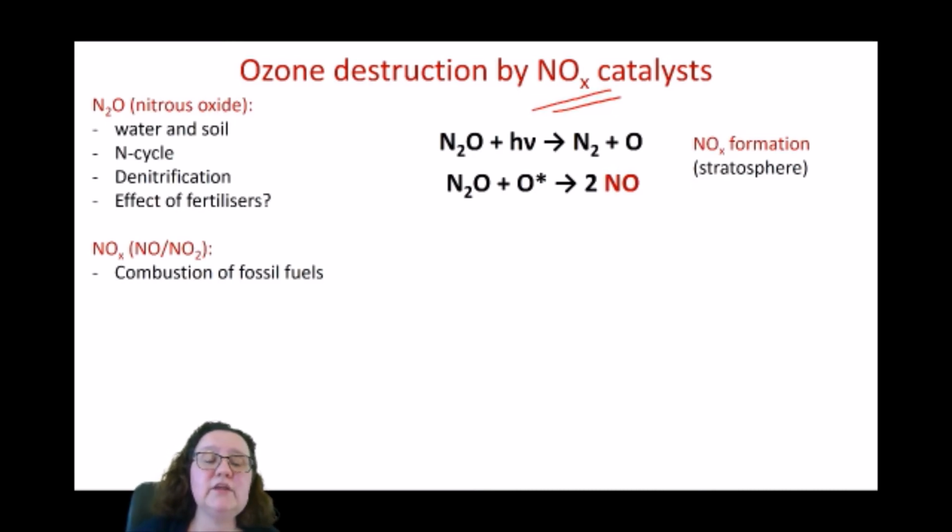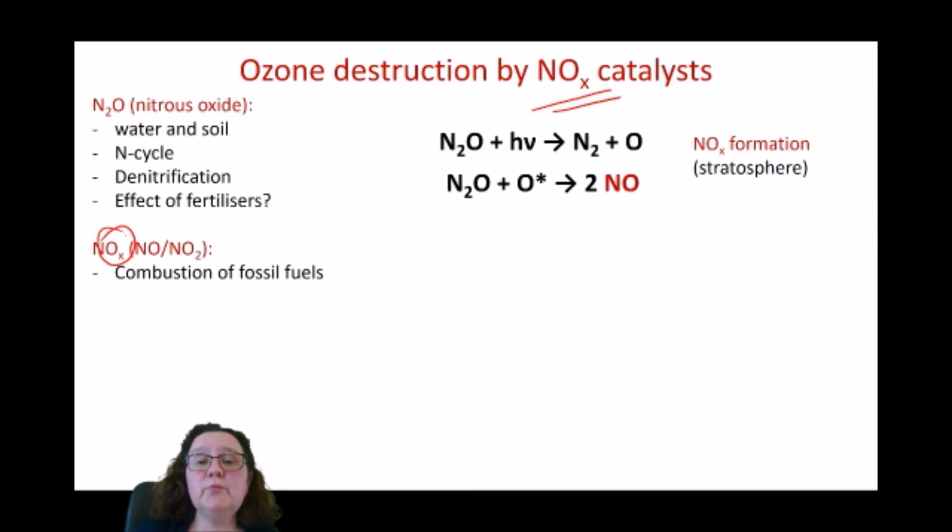And you can also get nitrogen oxide catalyst radicals from the combustion of fossil fuels. Combustion of fossil fuels, in cars, or used for electricity and power generation, produces nitrogen monoxide that then evolves to form nitrogen dioxide, and then can evolve to form nitrogen oxide radicals.